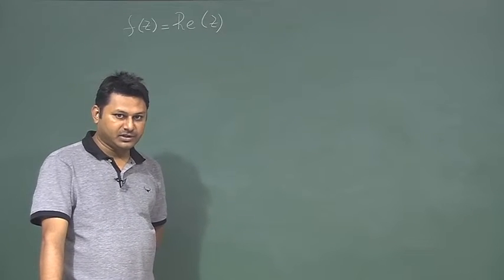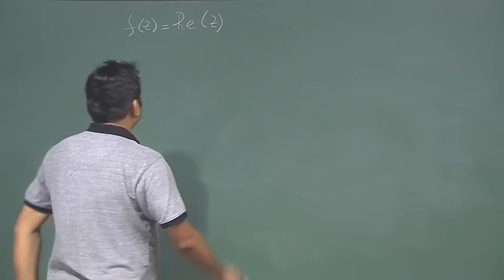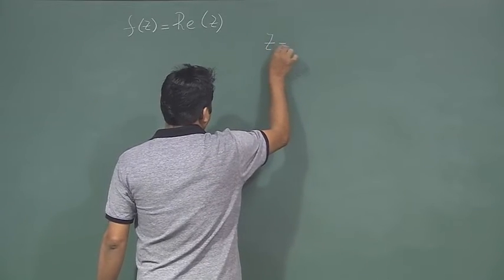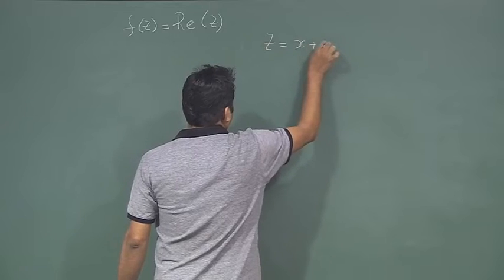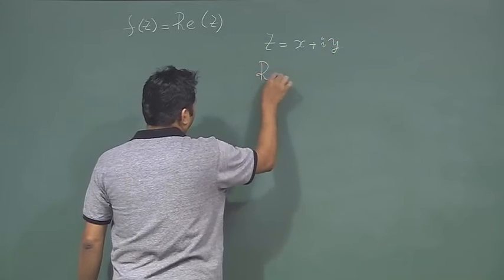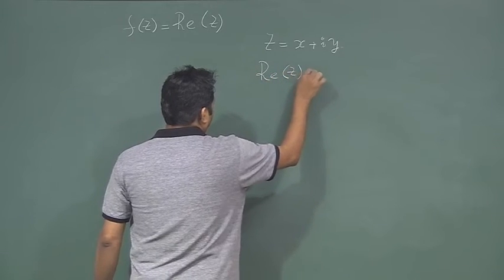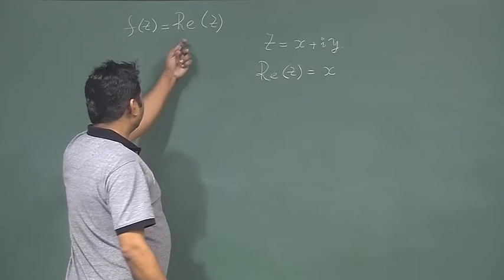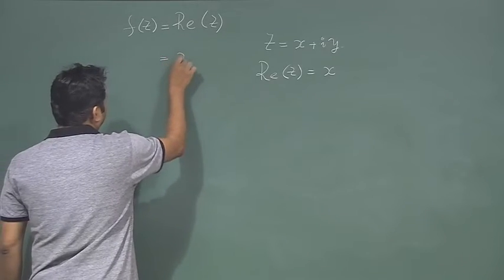Real of z, how will the function look? Real of z is very simple: z is equal to x plus iy, so real of z is equal to x. So, this quantity is simply x.